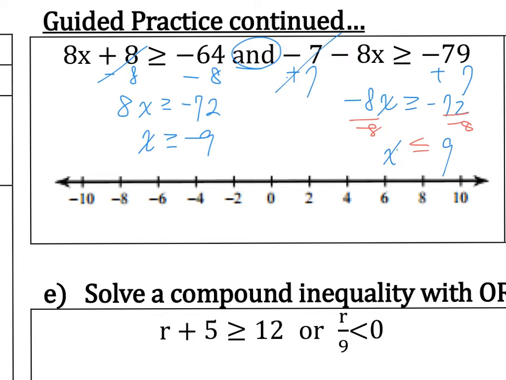And now I'm going to graph each of them. So negative 9 is about right here. Inclusive. So everything to the right. And x less than or equal to 9 with 9 inclusive.